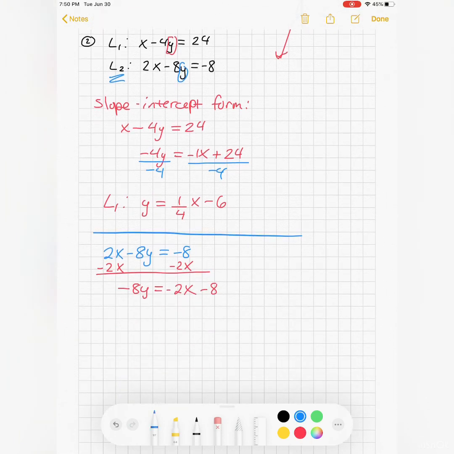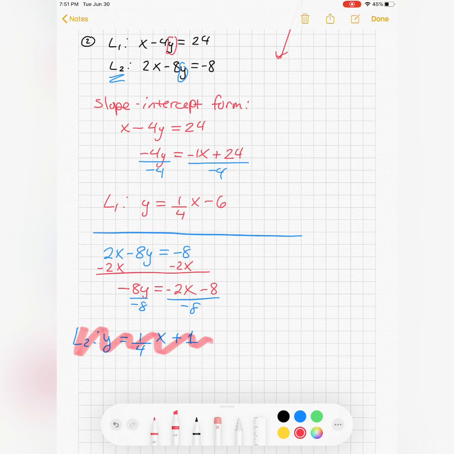And divide by -8. So let's see, -2 over -8 is positive a quarter. -8 over -8 is positive 1. There's line 2. Okay, so line 2 and line 1.